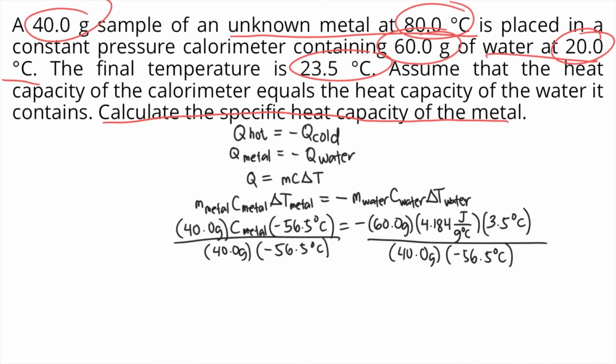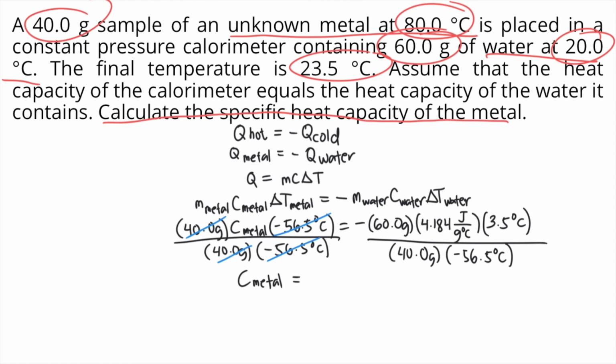As you can see, 40 grams will cancel on the left side as well as negative 56.5. So what's left on the left side is just the C of metal. On the right side, all you have to do is plug in everything in your calculator. So negative 60 times 4.184 times 3.5 divided by 40 times negative 56.5.